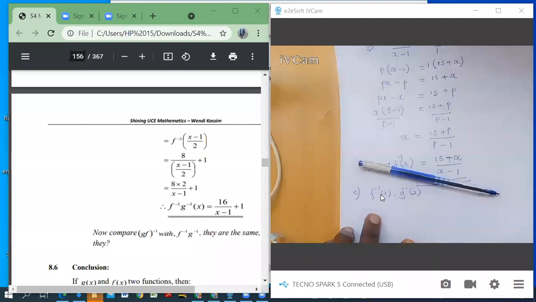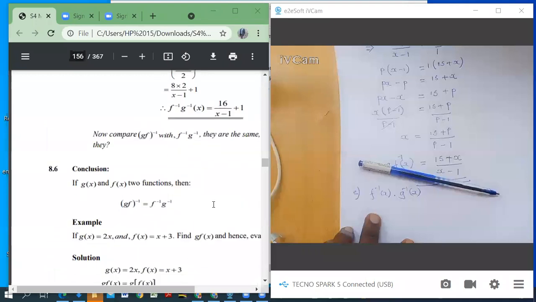First get the inverse, then we multiply their inverses, not so? So get for me the inverse of f and then the inverse of g, then multiply them. Work it out. That one is your work now.